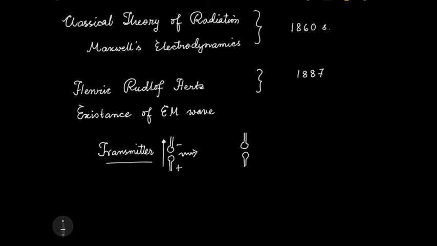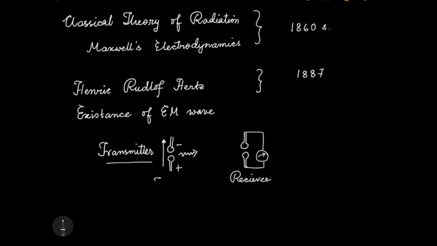And then when this radiation comes into the receiver, so this is the transmitter and this is the receiver, then there will be an electric field difference between these two electrodes, and that will create another spark. Or if you put an ammeter over here, you will see a current in that ammeter.